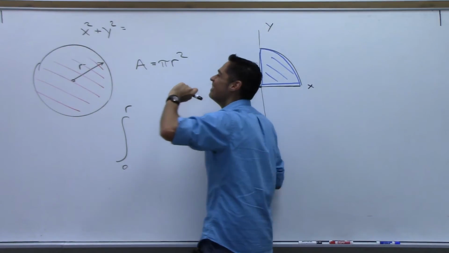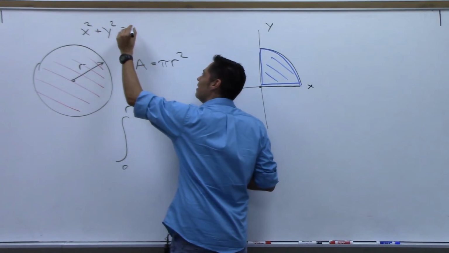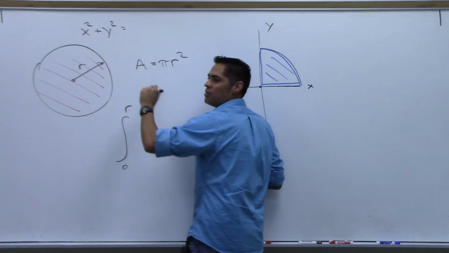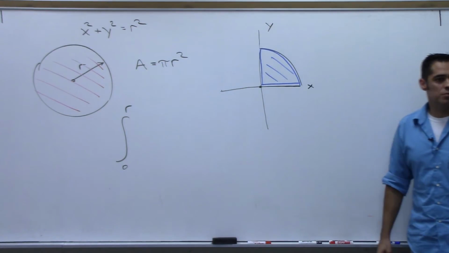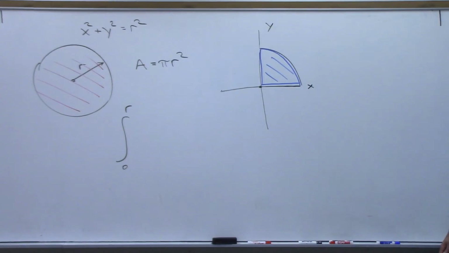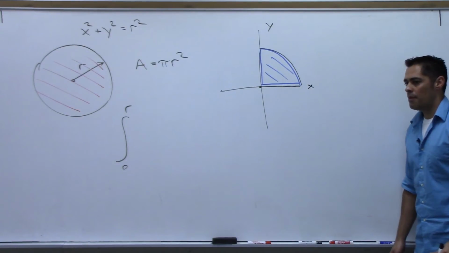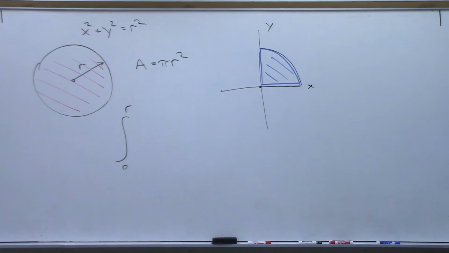Is it a letter? R squared. X squared plus y squared equals r squared. That is the general formula of a circle that is centered at the origin with a radius of r.